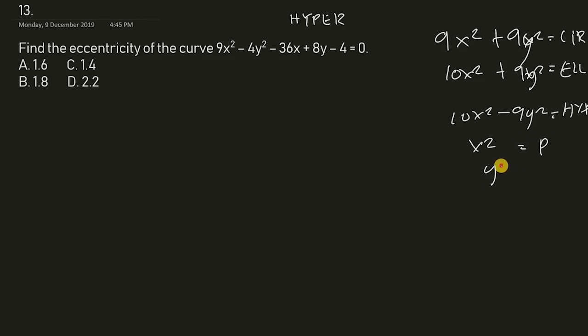Or, for example, only y squared, it's a parabola again. That's how you identify whether it is a circle, ellipse, hyperbola, or parabola. That's important, guys. So this is a hyperbola.